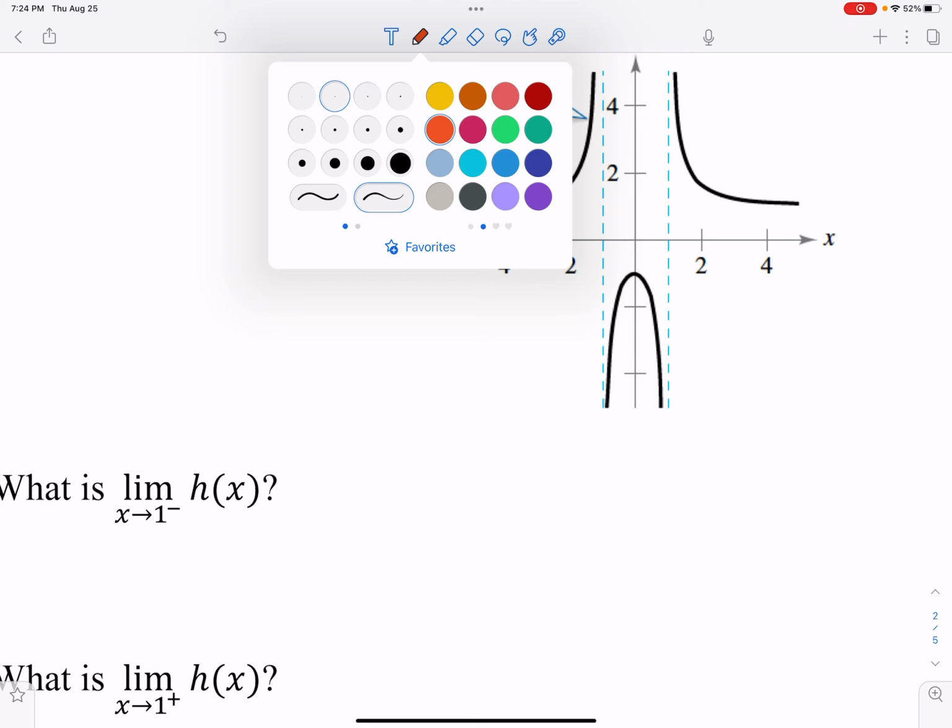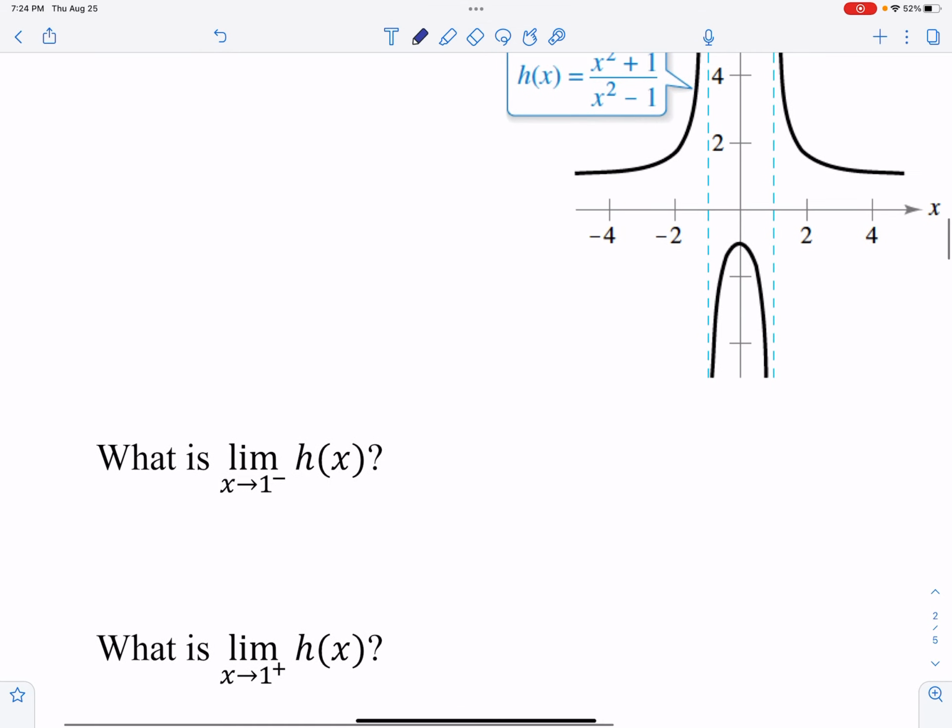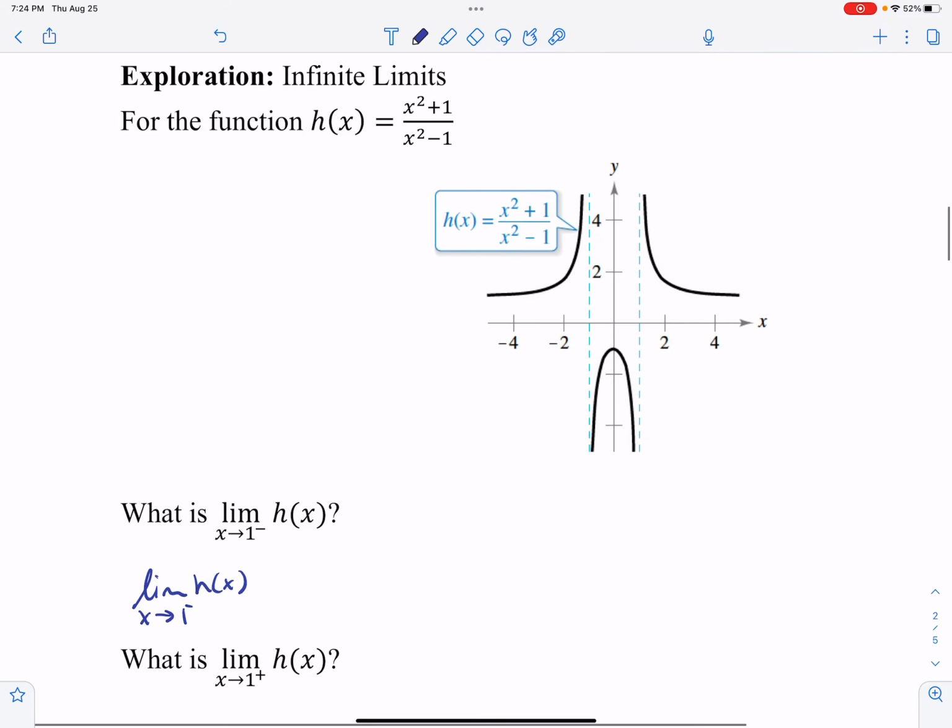So the limit as x approaches 1 from the left of h of x. Well, we have the equation for h of x, and notice that if we tried direct substitution, we would end up with 2 over 0.